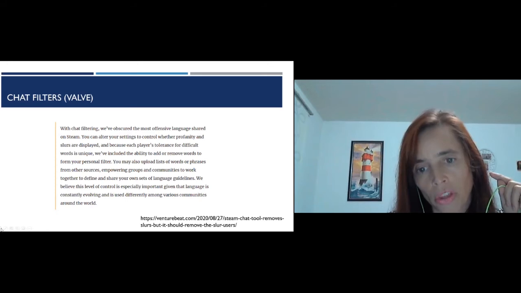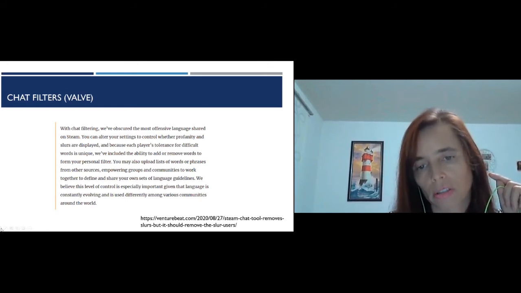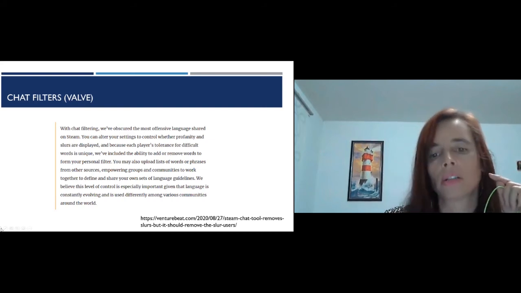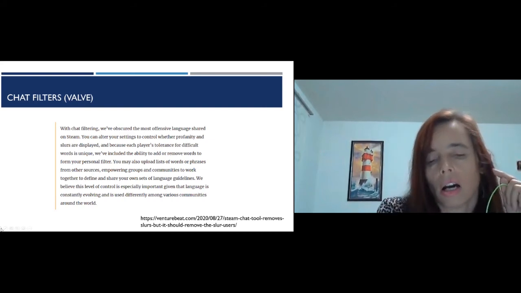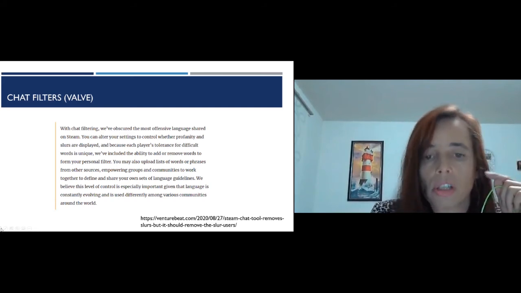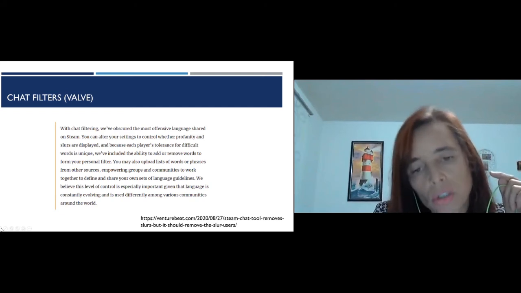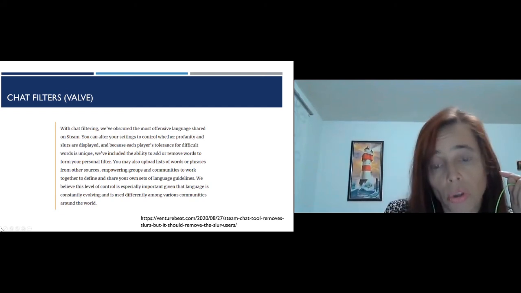The problem with that might be, of course, overblocking, so that, of course, artificial intelligence is not a human being. So sometimes we need to see things in context. So it might happen that things are blocked even if they shouldn't be blocked. And so communication might be disturbed by this artificial intelligence more than it might help.